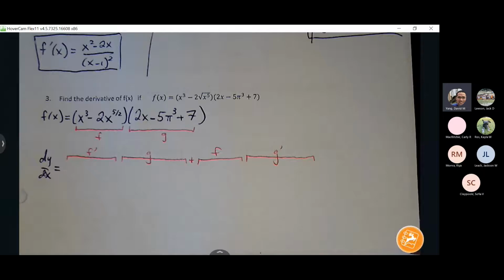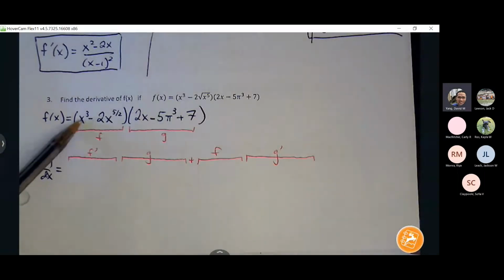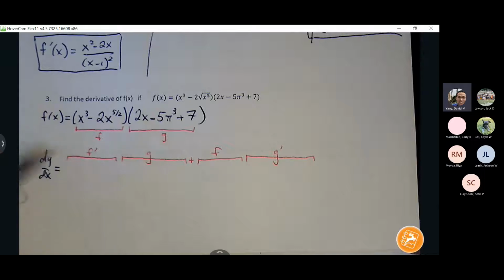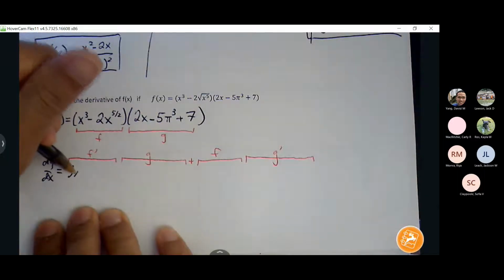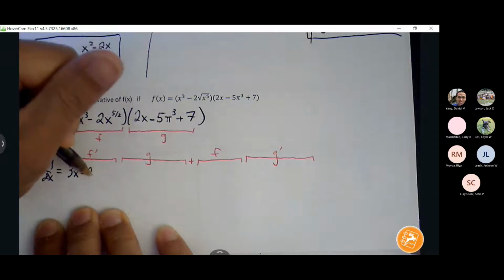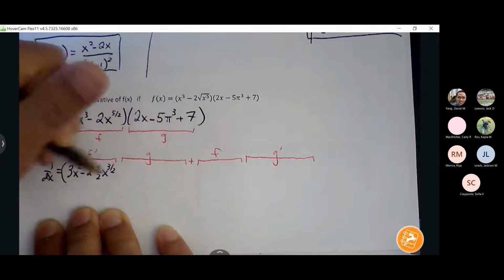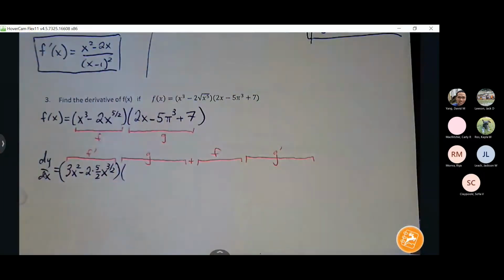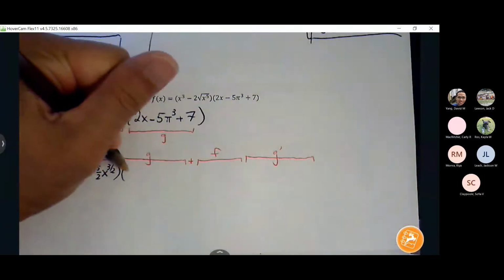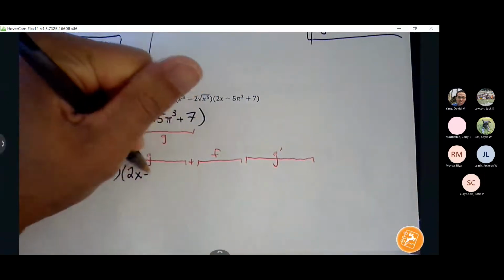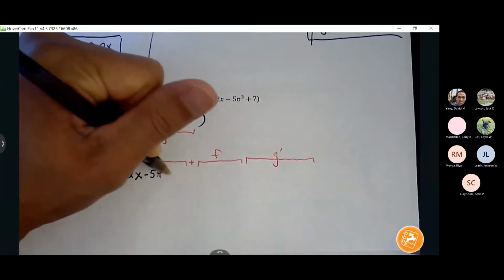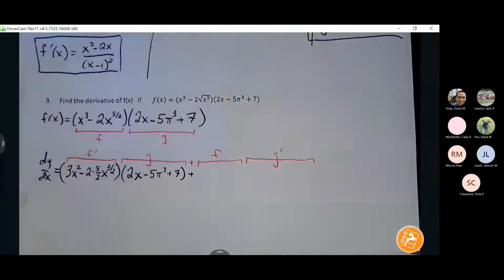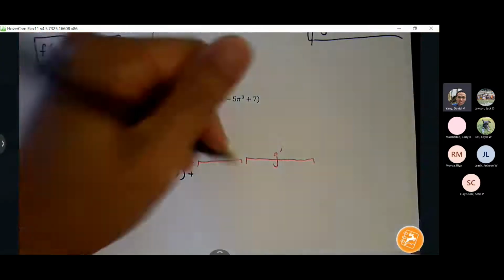I just have to fill in that space with whatever is asking, either the derivative or the original expression. So F prime, just have to go through power rule for both of these and put it in there. G function, no changes. Back to the F function.